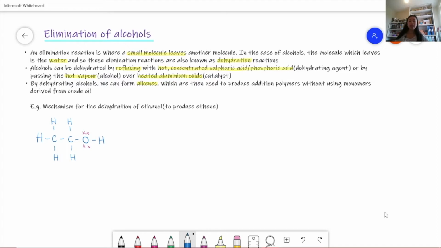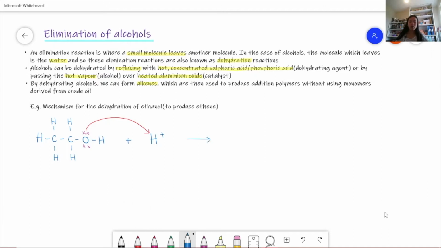And then we add the dehydrating agent, which is either the hot concentrated sulfuric acid or phosphoric acid. And this is represented by a H plus because they're both acids. And then what happens is that a lone pair of electrons on the oxygen are attracted to this H plus because they're negatively charged and the H plus is positively charged. And so they move towards this H plus ion.